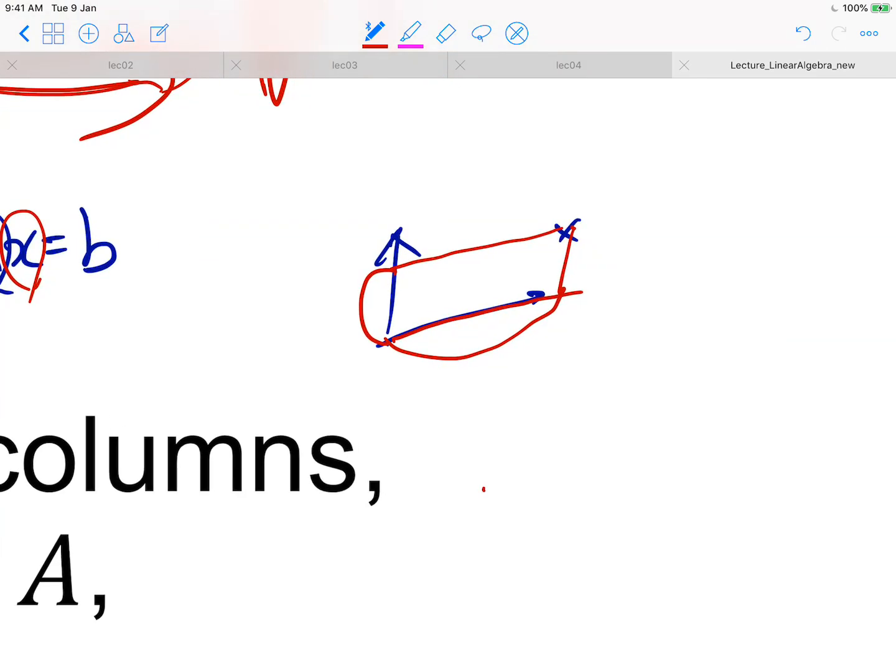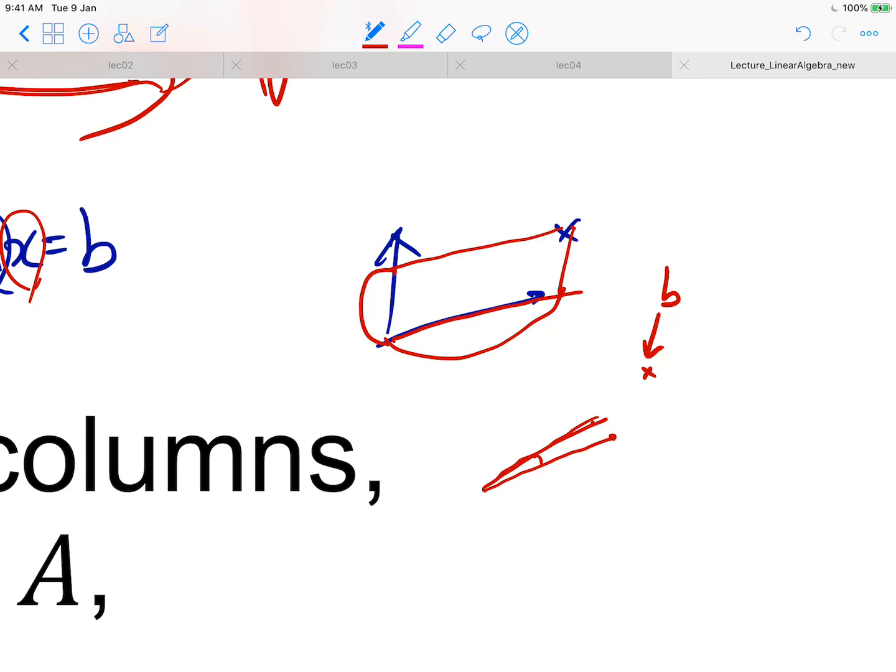But let's think of these two vectors as really pointing in the same direction, and suppose we have some point over here as our B. It is a little bit difficult to draw, but how can we make that point?